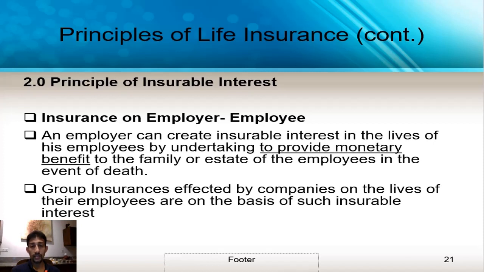An employer can create insurable interest in the life of his employees by undertaking to provide a monetary benefit to the family or estate of the employees in the event of a death. Especially the group insurance policies go on the same basis.